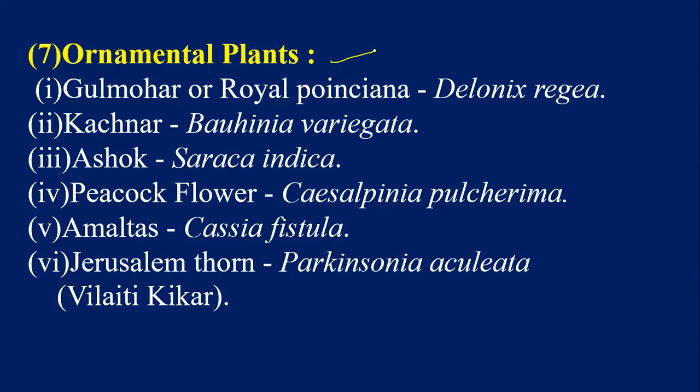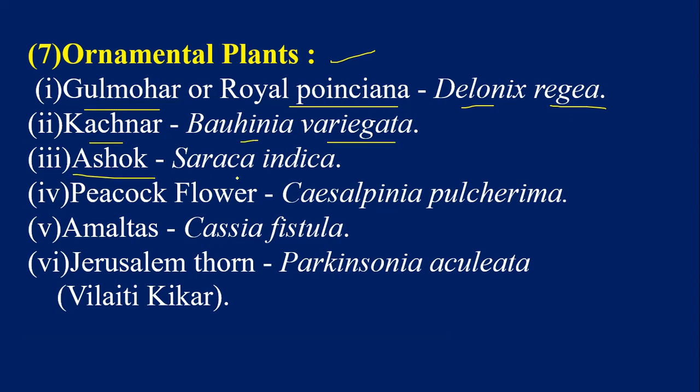Most of the plant species are cultivated as ornamental plants. Example, gulmohar or royal poinciana, whose botanical name is Delonix regia. This plant is cultivated as an ornamental plant. Then Kachnar, Bauhinia variegata.